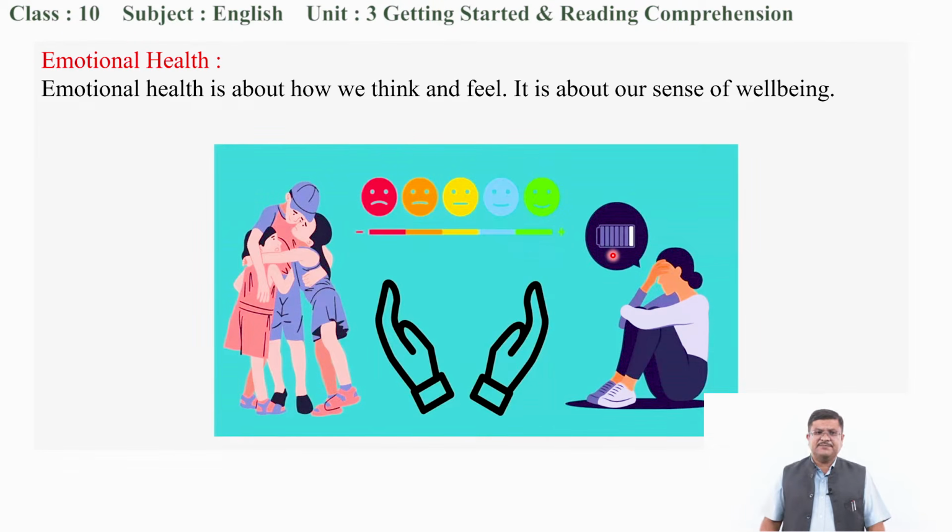Emotional health is about how we think and feel. It is about our sense of well-being. So, how we think and how we feel is related to emotional health, and it is all about our sense of well-being.